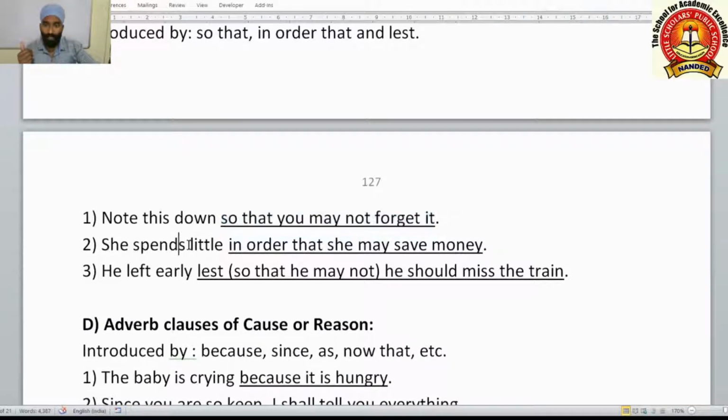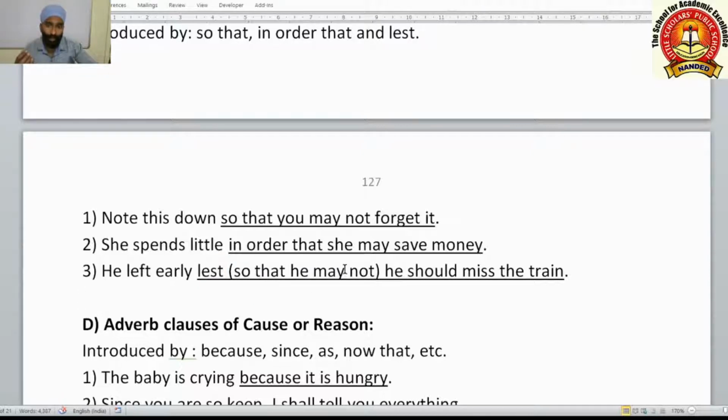Now, she spends little in order that she may save money. Why does she spend little? In order that she may save money. This is the purpose of her spending little. Now, he left early lest he should miss the train. Lest and should come together to express the meaning so that he may not.